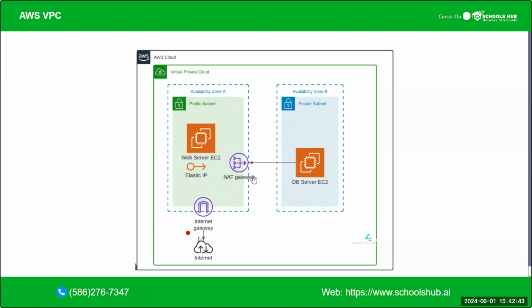We have to use that internet gateway. It mainly provides access to the public internet for instances in public subnets. So it allows us to get inside this public subnet zone, and it can send and receive traffic directly to and from the internet via this internet gateway.